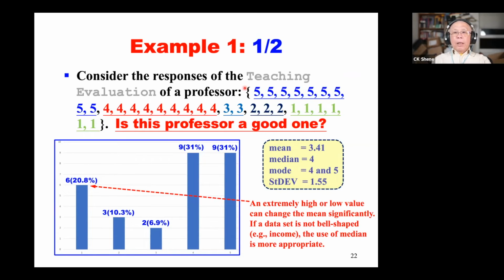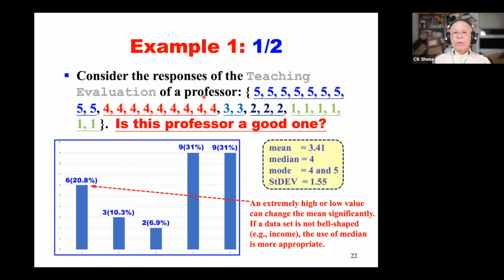In the included Excel file, that's a single data sheet. On each column, we have a heading. That column provides you the data used here. So in that data sheet, you have a column called teaching evaluation. This teaching evaluation is collected from a professor.